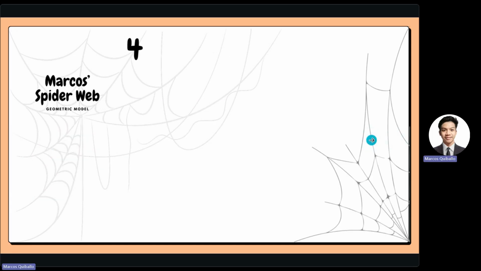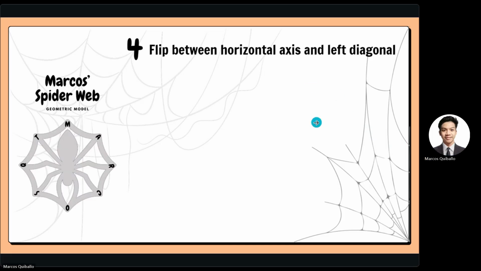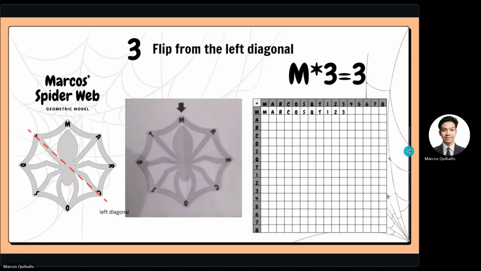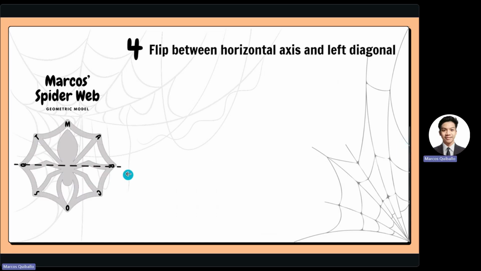For our number 4, flip between horizontal axis and left diagonal. So this is our horizontal axis, and this is our left diagonal. Based on the definition, number 4 is between the horizontal axis and left diagonal.